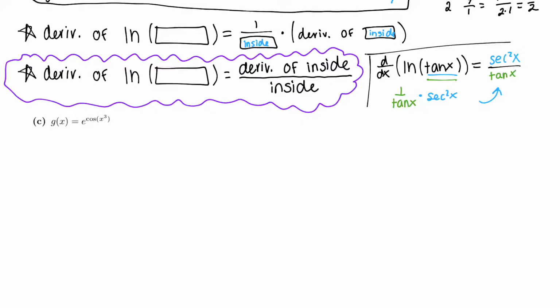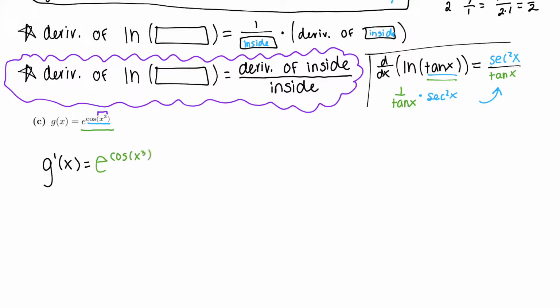So 3 layers here. First layer being the, let me underline it, e part. Next layer is the cosine part. And then the final layer is that x cubed part. Okay. So with the e part, we just simply leave it alone.